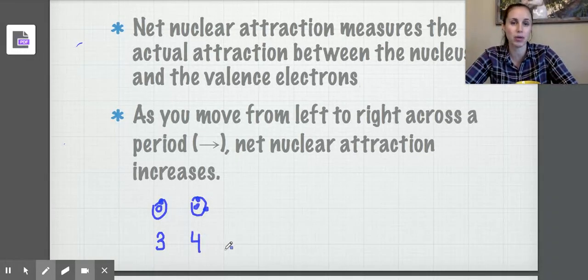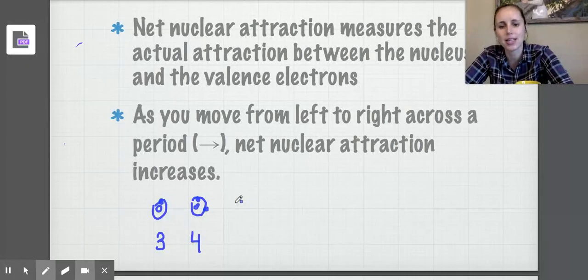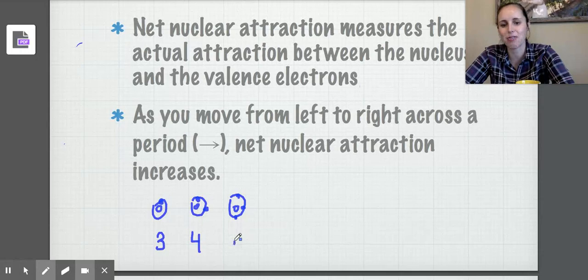It's got an atomic number of 4, so it's got 1 additional proton. Then we're going to think about boron. Boron is going to have 5 protons. Then we're going to think about carbon. And carbon is going to have 6 protons.